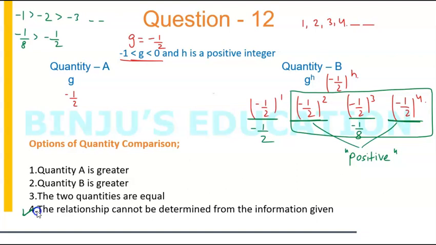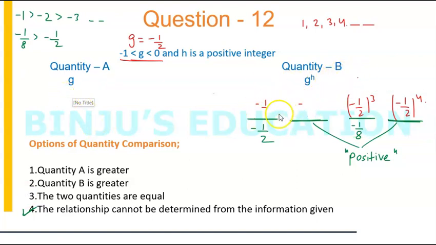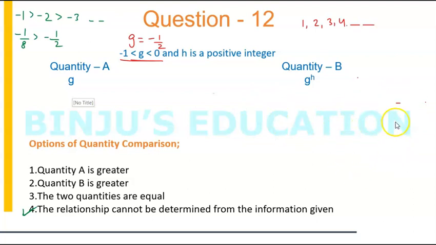Now what's the logical way out here? Let's try to understand that also. Let me remove these values now. We discussed that whenever you have a variable which is between 0 and 1, then the higher the power, the lesser the value. But what if the value is between -1 and 0? Then this is not as simple as it seems.